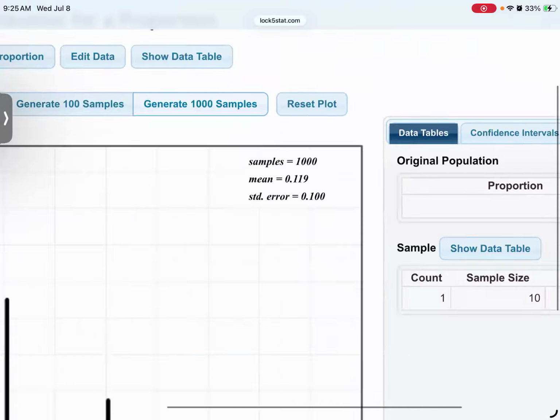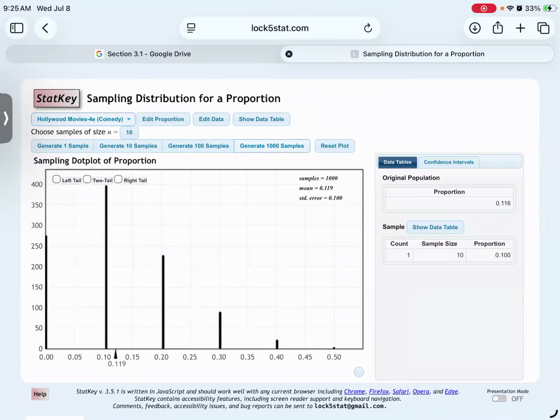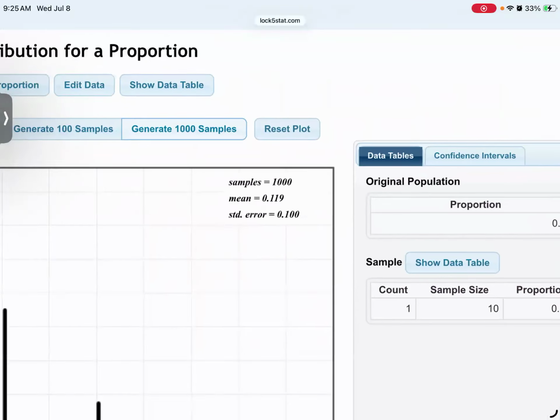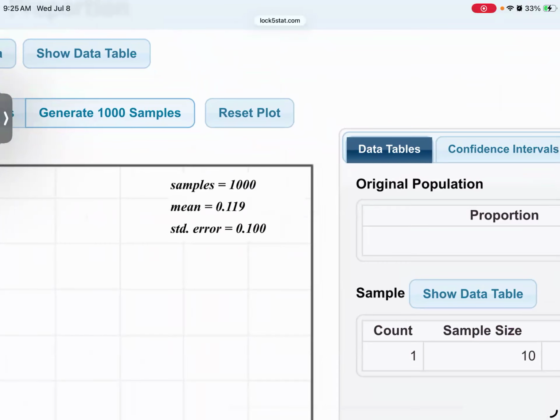I want you to go ahead and put that the graph is skewed to the right. And then we've got 0.119. I'm going to write these down for myself as well, because once I skip over them, let's see if I'll be able to remember them. 0.119 and 0.100. Now yours are going to be similar to mine.